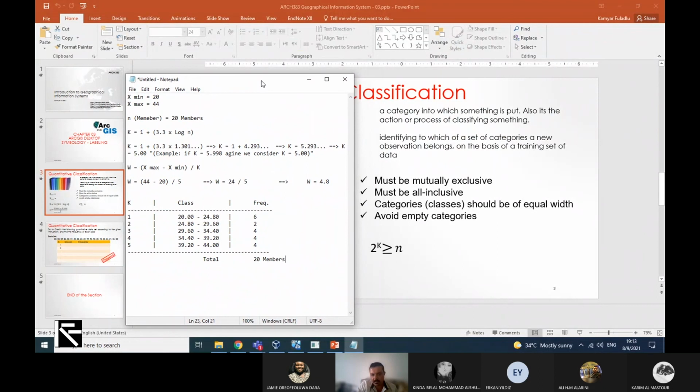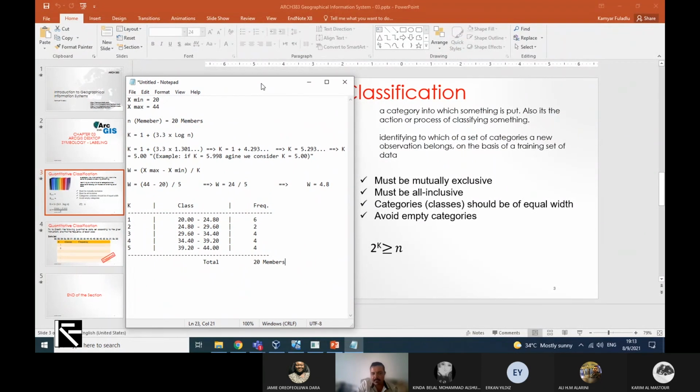What does this mean? It means that if I put 24 in this class, I'm not allowed to put it once more here. Each member can only sit in one class. They are not allowed to sit in a second class. So as you can see, we satisfy this rule.